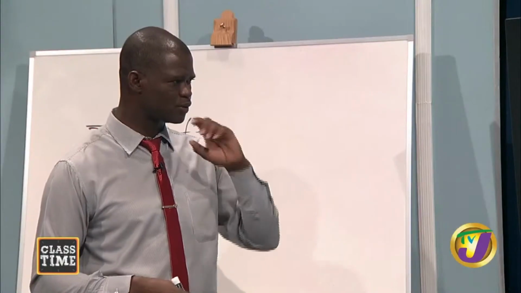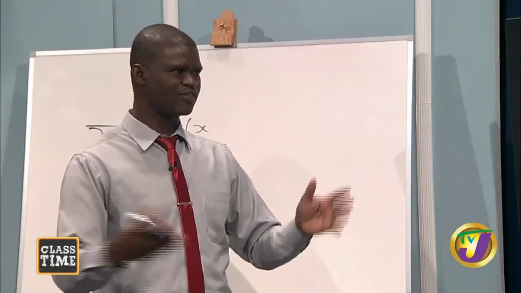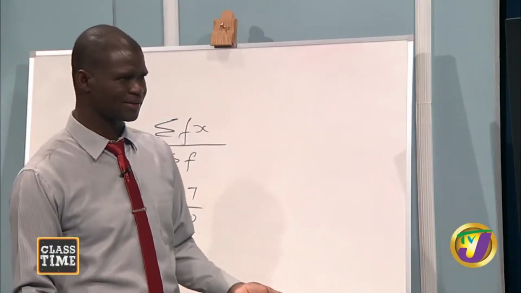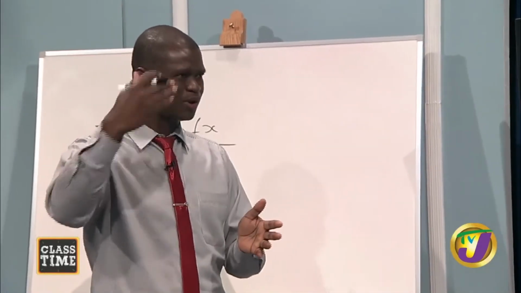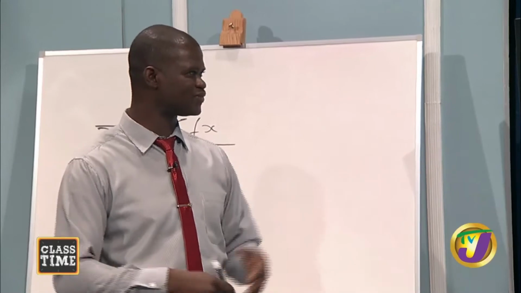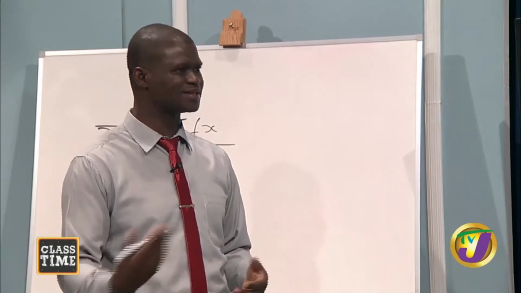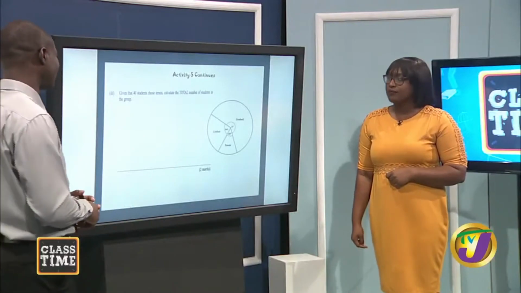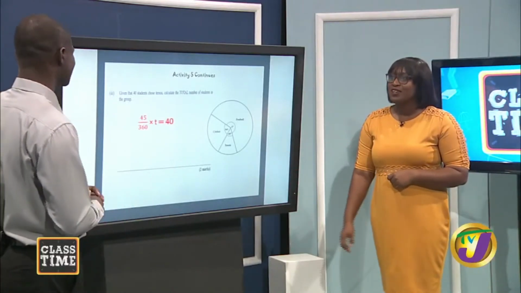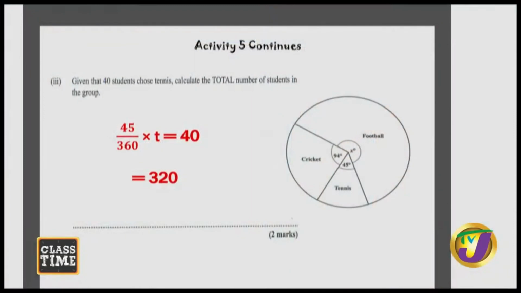Before we go to the unknown, 45 divided by 360 gives us 1/8. So the circle would have been divided into 8 equal parts. Since one part represents 40 students, it is 8 times 40. There we go. So we'll have 320 students in all.